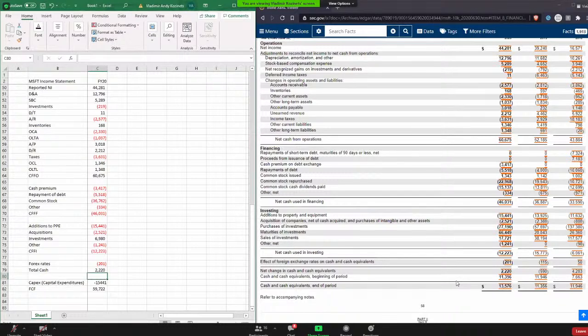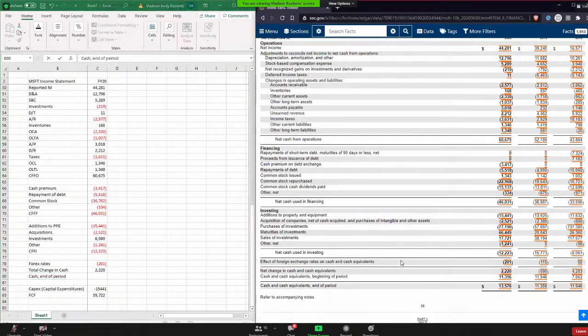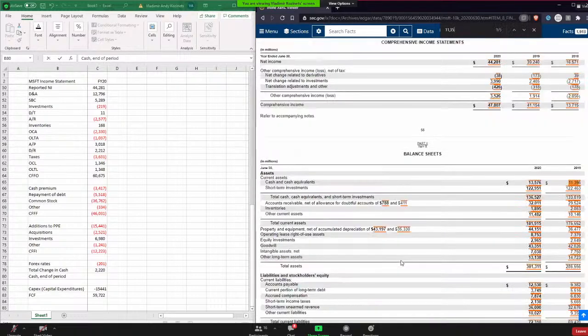So this is the net change in cash right here. Let's do net change in cash, total change in cash. Okay. Let's add another line. Okay, cash, end of period. Let's see where they got this from. 359, 356.